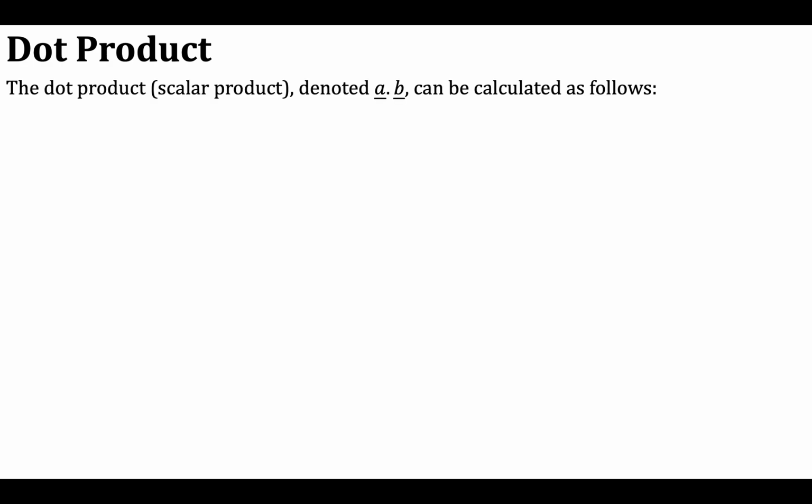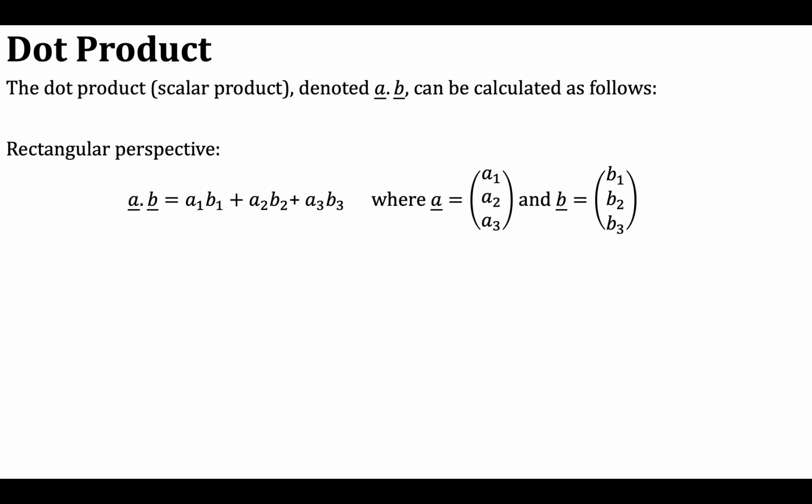So we denote the dot product, or the scalar product as it's sometimes known, as A dot B. And this can be calculated as follows. From a rectangular perspective, A dot B is equal to A1B1 plus A2B2 plus A3B3, where vector A is equal to A1, A2, A3, and vector B is equal to B1, B2, B3.